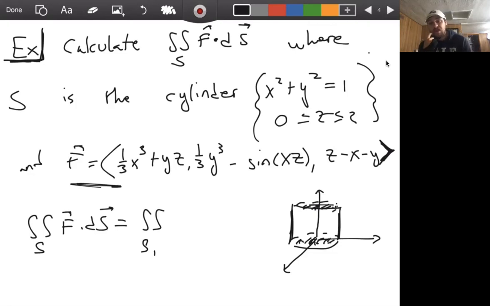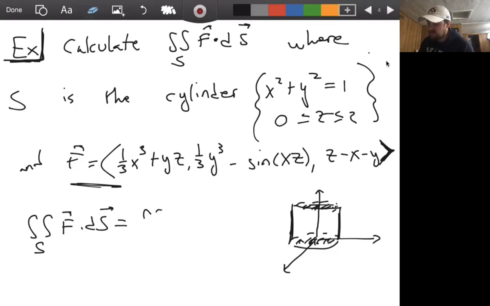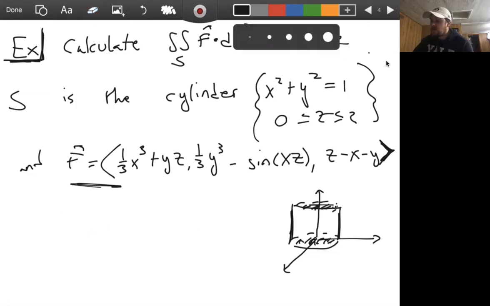These are all parameterized differently, and so you'd have to set up 3 vector surface integrals to calculate the total flux of the vector field over the entire cylinder. Because of this, we can use the divergence theorem, because a triple integral over a cylinder is going to be much easier to calculate. So let's use the divergence theorem here.